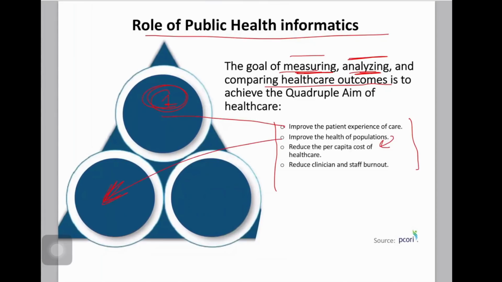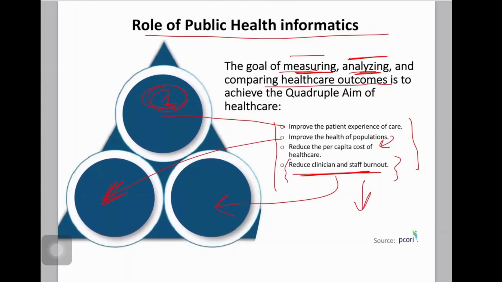And third is the problem, especially with this COVID situation, of clinician and staff burnout. How can we decrease the load on the clinicians and other staff, the burden because of the EHR part? How can we make it easy and automate it so that they can focus more on their procedures?